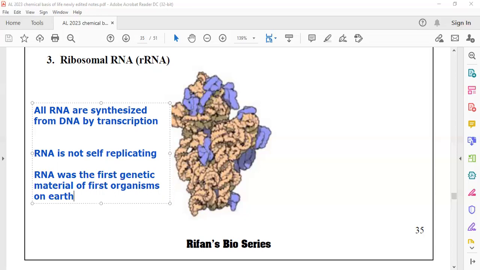The first born bacteria in this world had RNA as its genetic material. At the same time, RNA can function as an enzyme. Certain RNA molecules work as enzymes. They are called ribozymes.